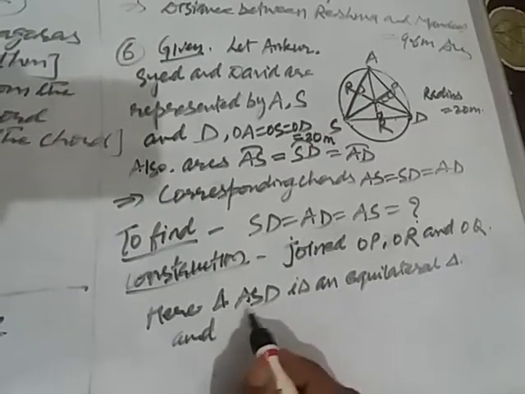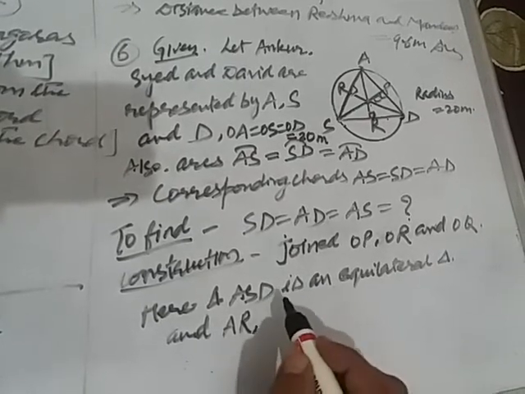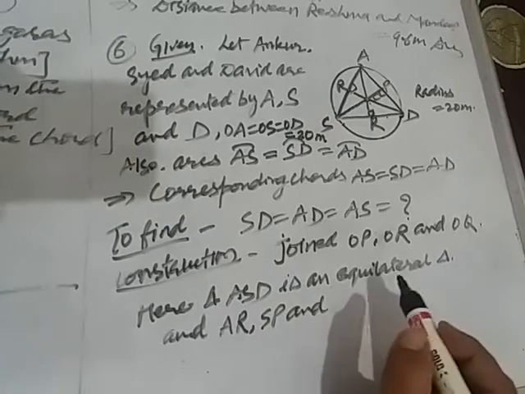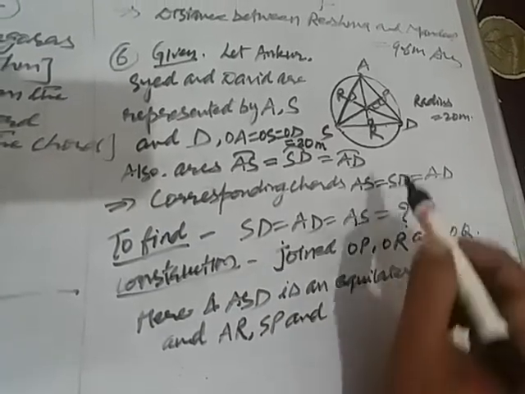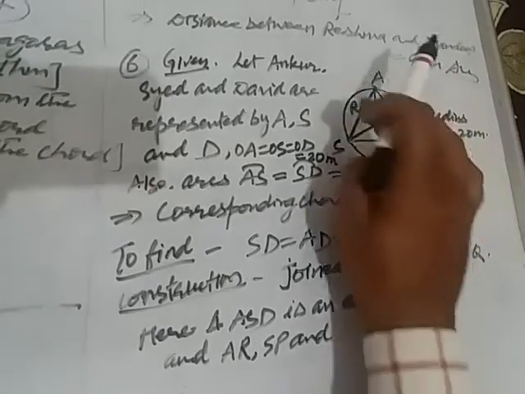AR, SP, and D. What is this? R, what is this? This is Q, children.